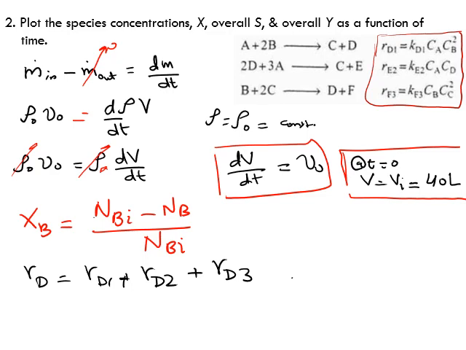Let's look at A. So RA equals RA1, sorry, should be consistent, RA1 plus RA2 plus RA3, and you can see that A is not involved in the third reaction, so this goes to 0. Okay, so we have RA1 and RA2.